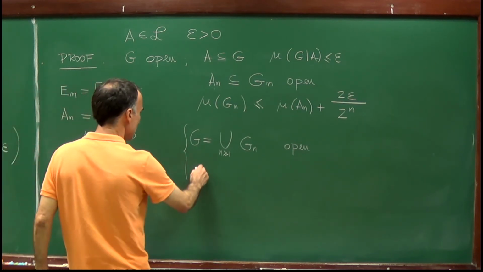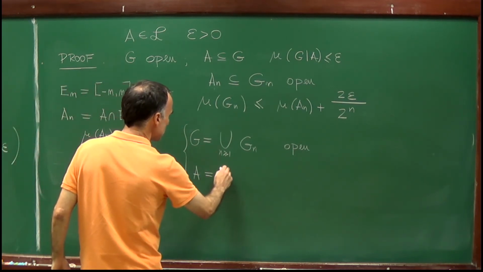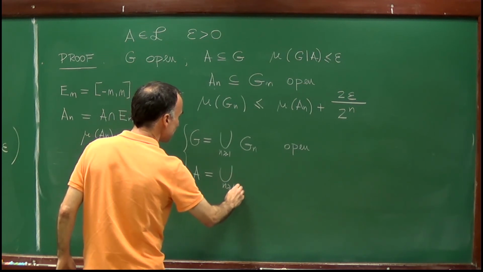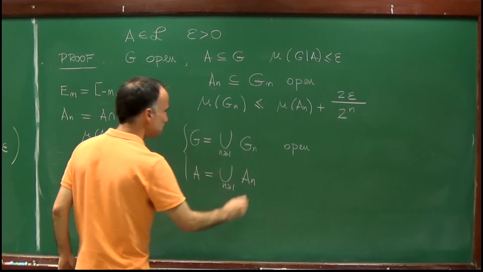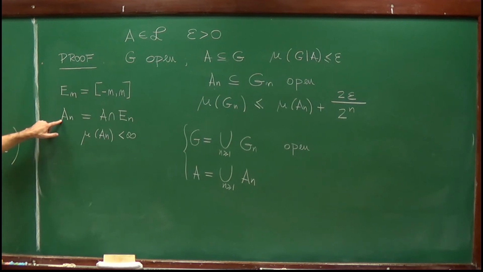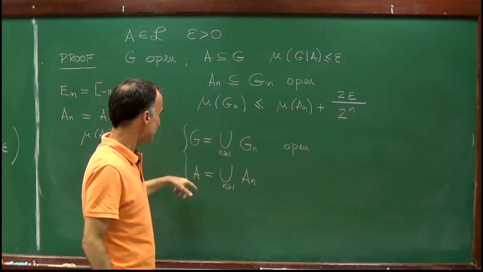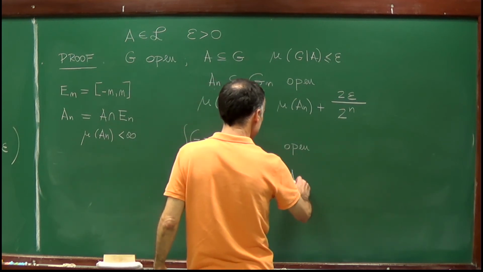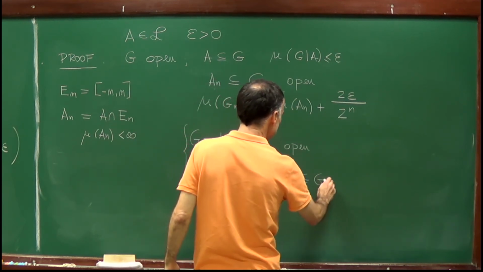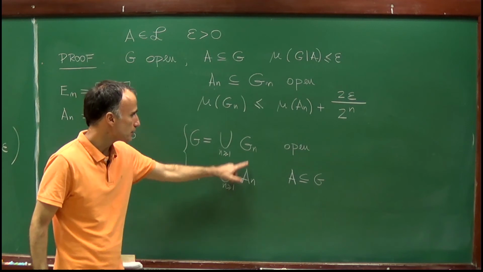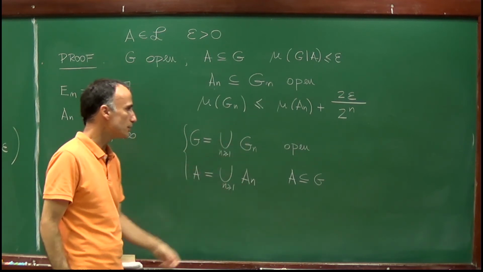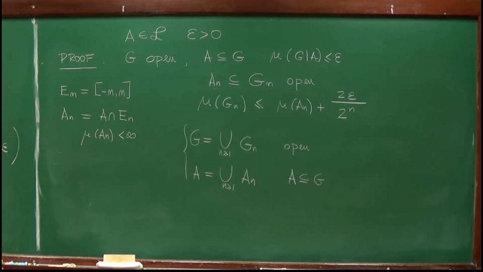So A is certainly equal to the union of A_n, by definition of A_n. Since A_n is contained in G_n, it's clear that A is contained in G. Each set A_n is contained in G_n, therefore the union is contained in the union of G_n.